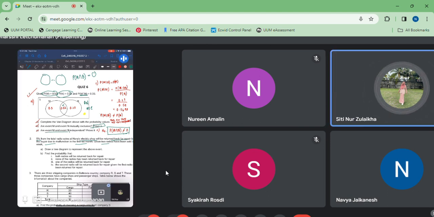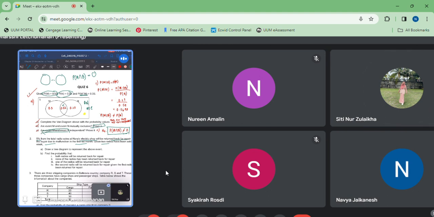Next, event M and they're asking if event M and event N are independent. So for independence, just now, we need to use the formula on top, right? We have to use this formula. P(M given N) equals P(M). So this is how you do it. You write like this and then you just put the formula back.